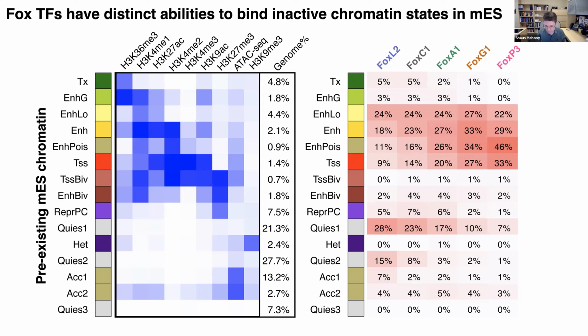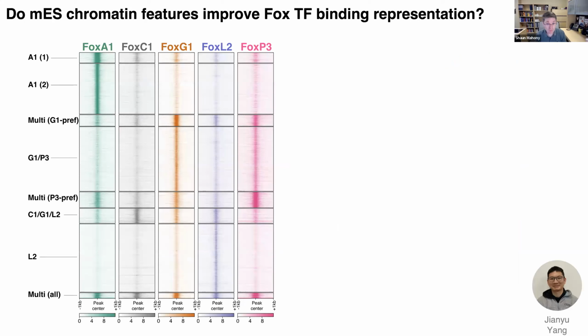We also know that there are some sequence differences between these factors. So how do these two things come together to explain differential binding? That's what we have been looking at with convolutional neural networks.